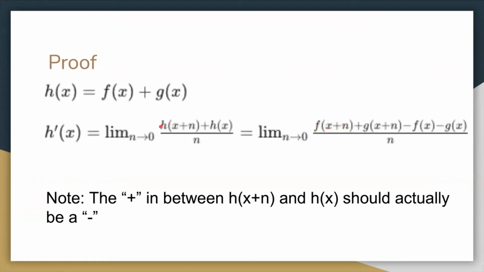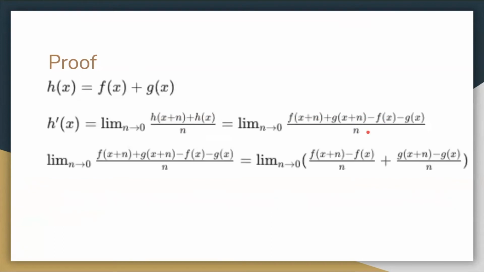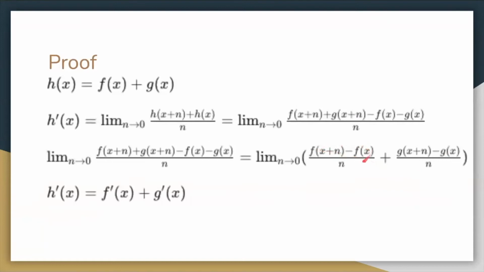And so you can replace these two with those. All right, and then now you just group these terms in the numerator like this. And then now, this is actually equal to f prime of x, and this is equal to g prime of x. And then just like that, we've proved the sum rule. And the proof for the difference rule is very similar.